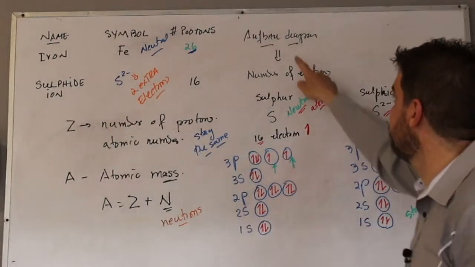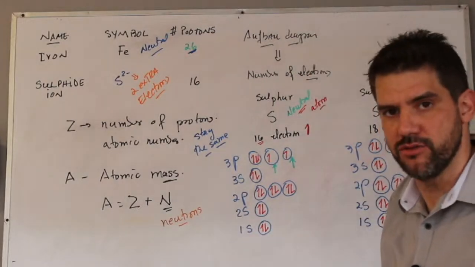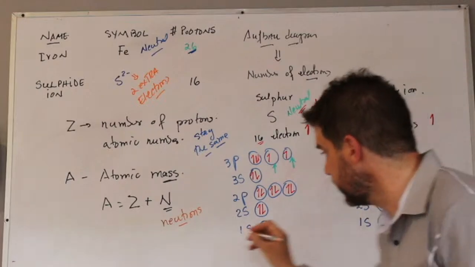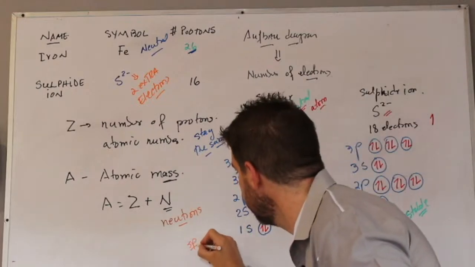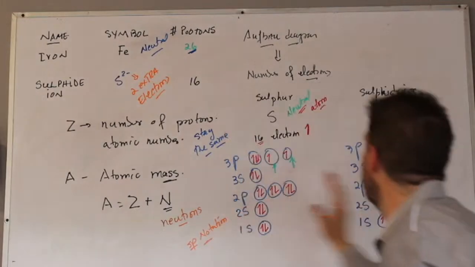This is a Bohr diagram. Now, we're going to do the SP notation, also called spectroscopic notation. The SP notation, notation for both of them.